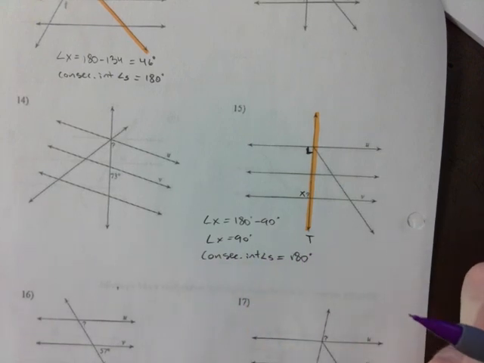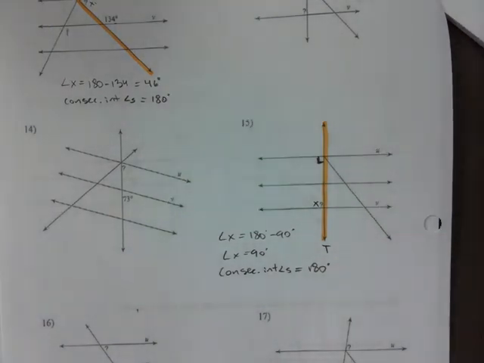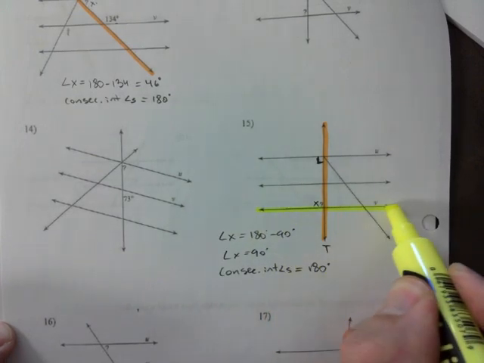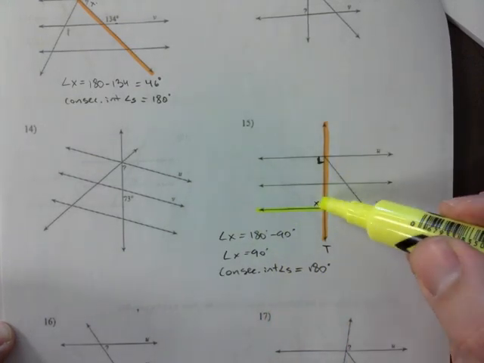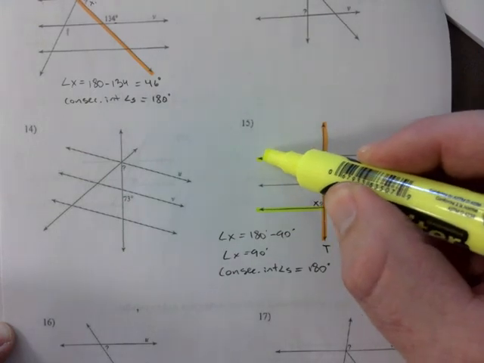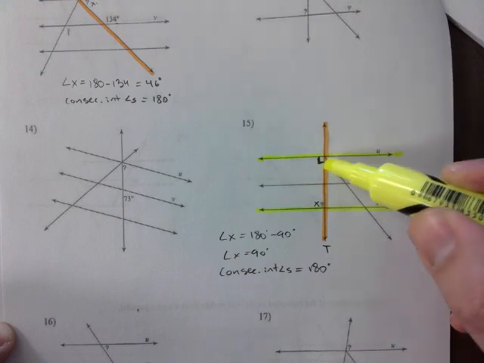So don't let the busyness of the diagram take away from the fact that you're working with one transversal that you're choosing to travel along. Maybe I should highlight the two lines you're going to be worried about: the side that it cuts where the unknown is, and the other side, the one where the number is attached, the 90.